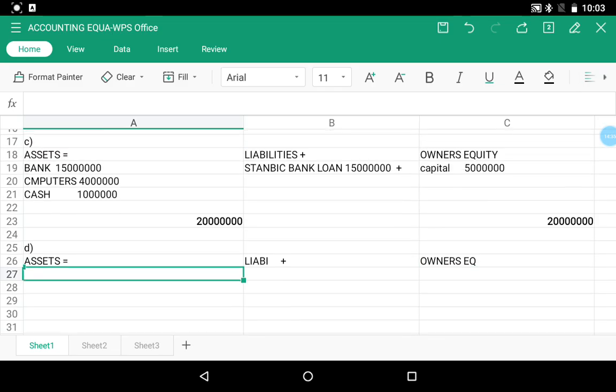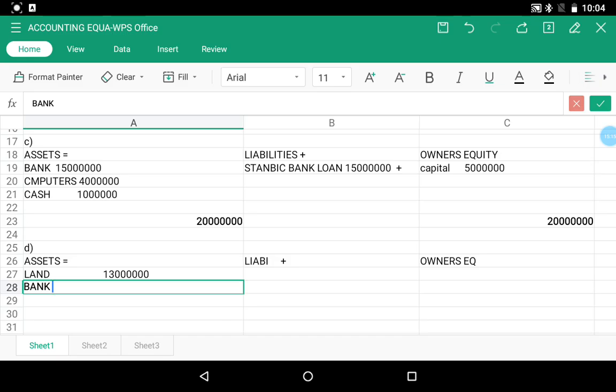So under assets, they have said he bought a land. He bought land worth 13 million. That means under current assets, first one, we shall be having land of 13 million. But using bank amount, that means our bank amount is going to reduce by 13 million. So here we are going to have our bank. Remember, he used bank amount to purchase land.